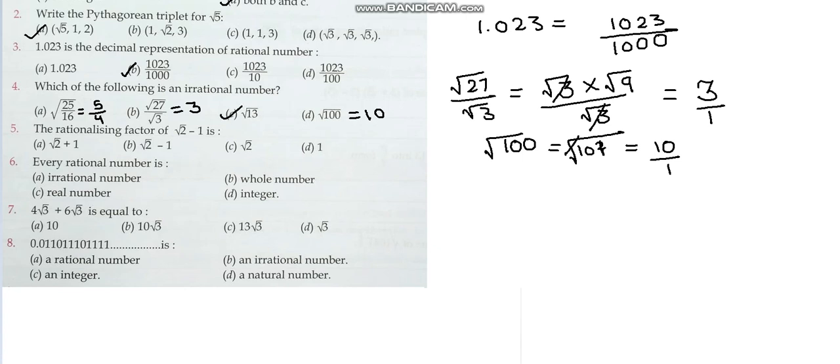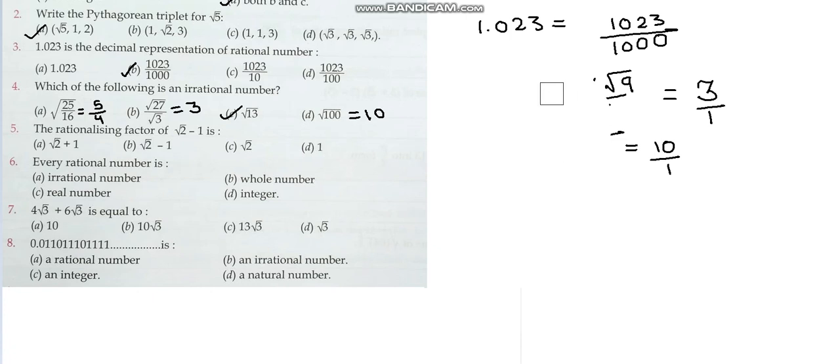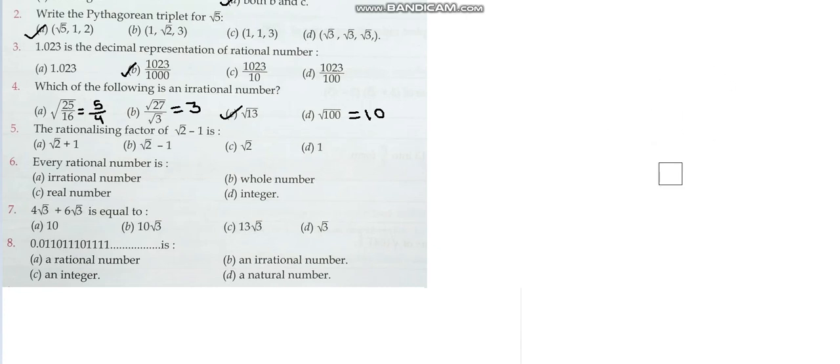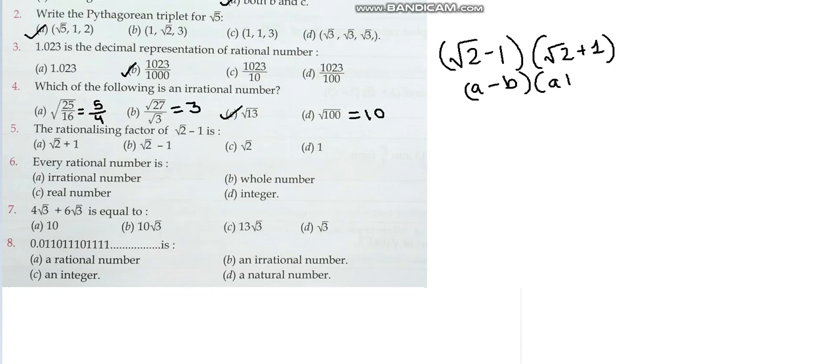In the fifth question, the rationalizing factor of root 2 minus 1 is. A rationalizing factor is the number which when multiplied by that number makes the number a rational number. So we need to make root 2 minus 1 a rational number. So when root 2 minus 1 is multiplied by root 2 plus 1, first option, it gives us the identity a minus b into a plus b is equal to a square minus b square.